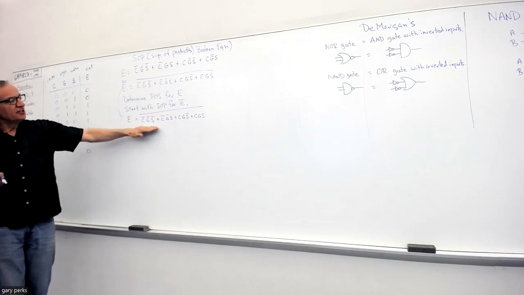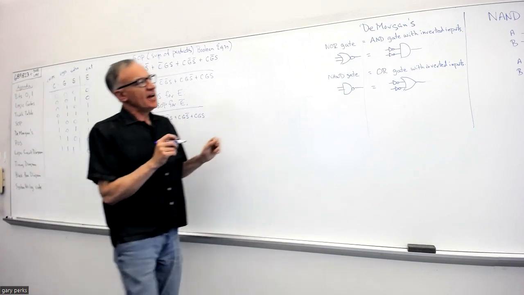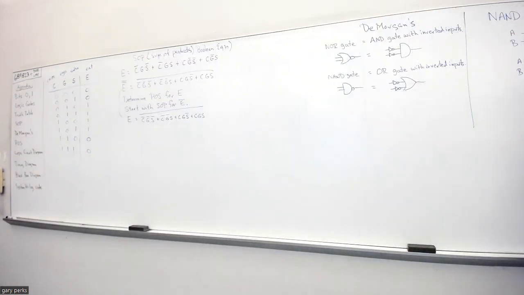All right, so look at what we have here. And look at our Boolean expression for a NOR gate, right? What we said earlier, a NOR gate: the inputs get ORed together, then the whole thing gets NOTed.